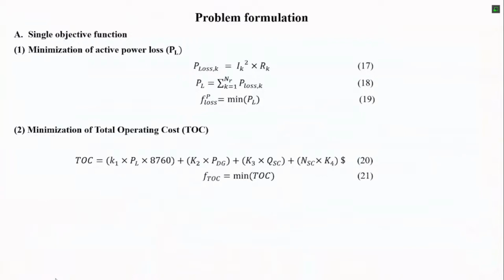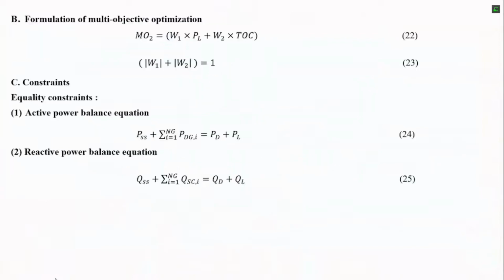Now if we are supposed to solve both of these objective functions simultaneously, read it as multi-objective, MO, not MO2. We can convert this multi-objective problem to a single objective problem by considering the weighted sum method. We provide a certain weight to each, where the weights W1 and W2 sum to 1.